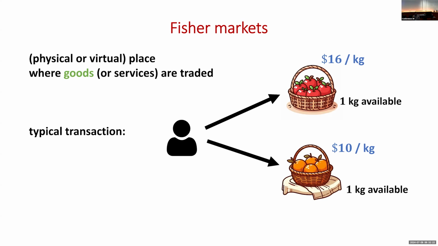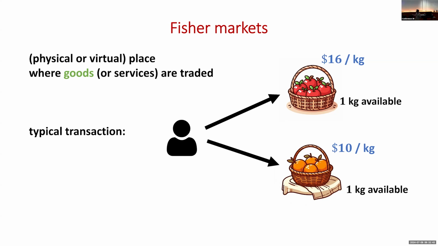Suppose we have some goods, let's say apples and oranges, and each of them has some particular total available amount. Here it's 1 kilogram, and each of them has a price. Here, $16 per kilo and $10 per kilo.